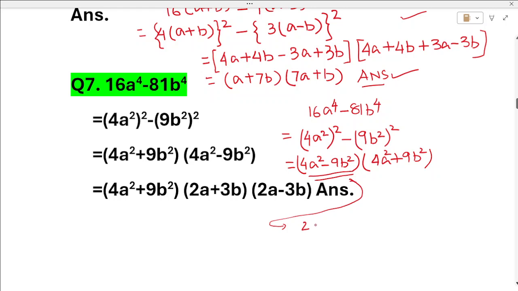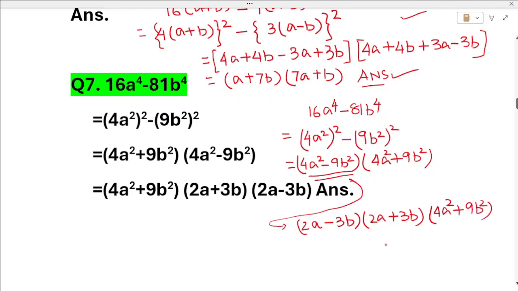Okay, now I think you are able to do this. So it is 2a plus or minus 3b, 2a plus 3b and 4a square plus 9b square.